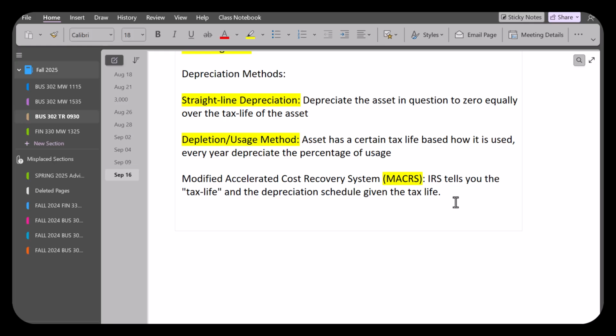Just to give you a heads up, we're going to use the concept of cash flow from assets, which is equal to operating cash flow minus net capital spending minus change in net working capital.